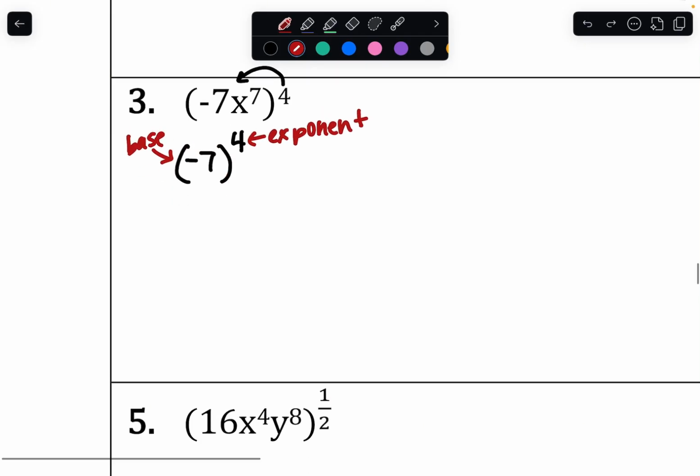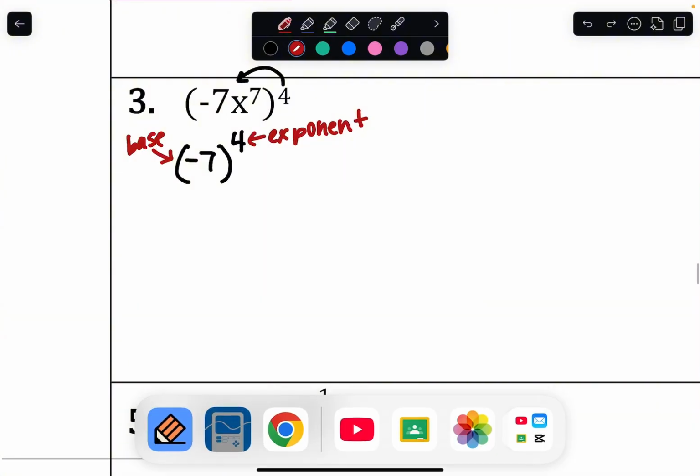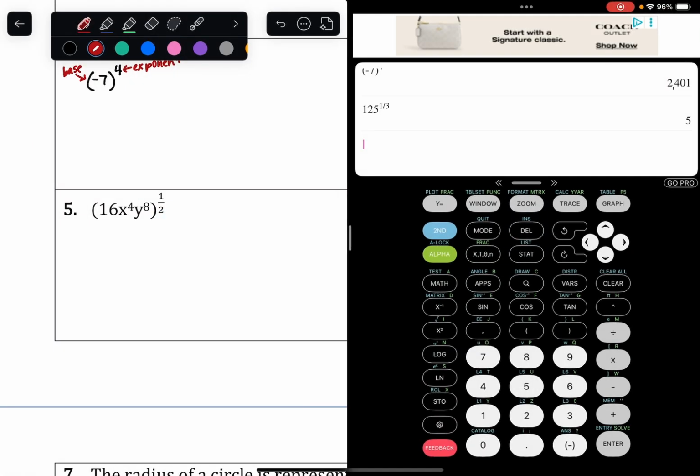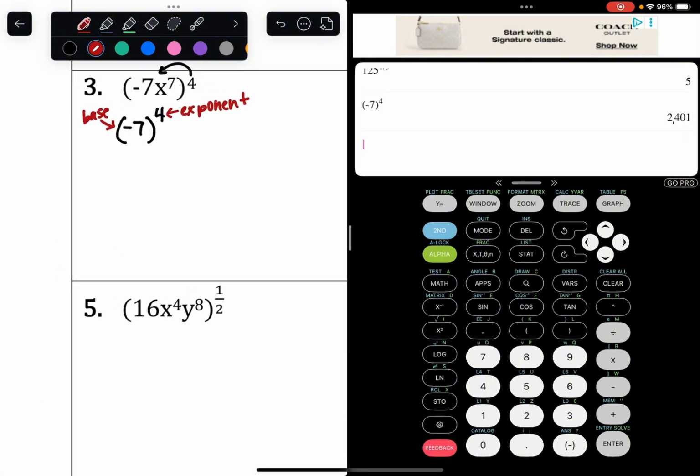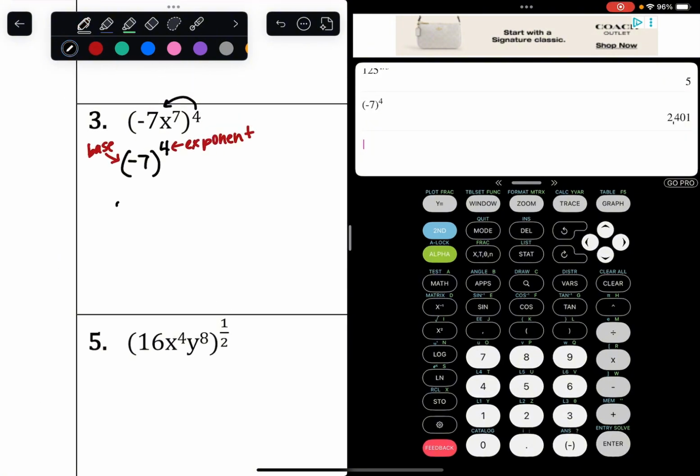So a lot of people will say this is -28. It is not -28. It is (-7) to the 4th. Make sure you use your parentheses because that negative needs to be raised to the 4th power as well. That gives us positive 2401. If you don't use those parentheses, they're going to keep the negative. And anything raised to an even power becomes positive.